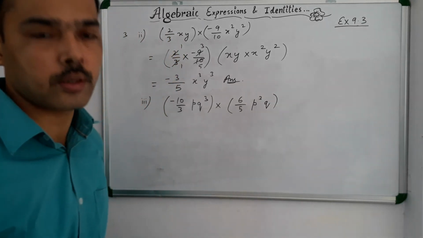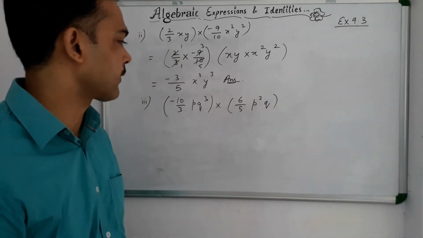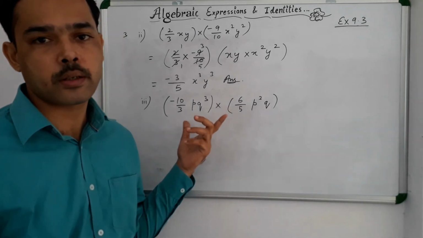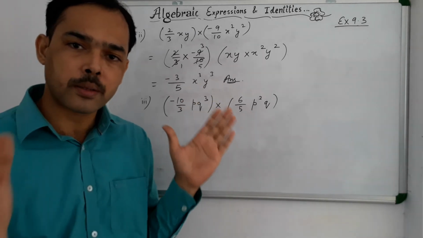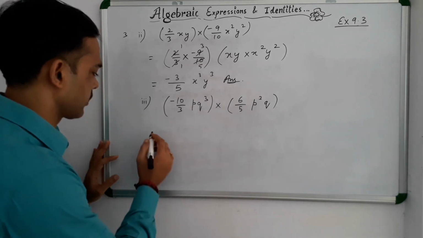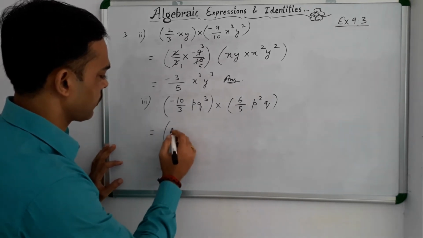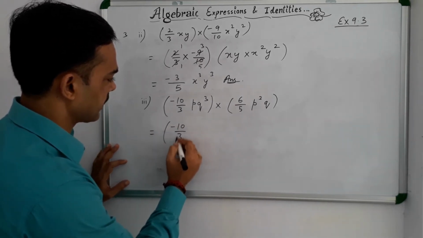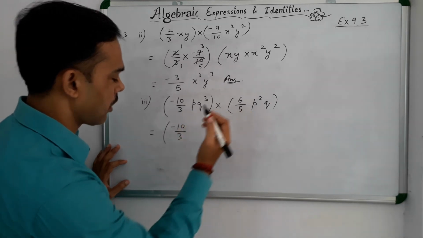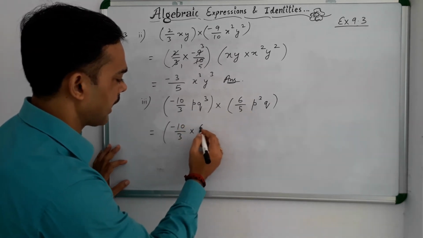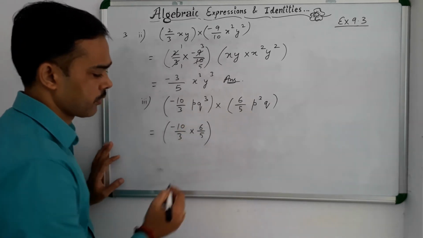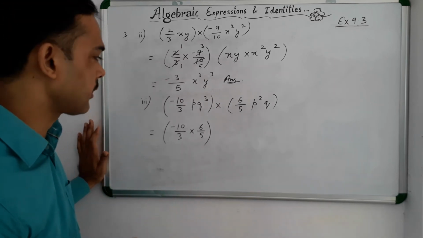Okay, this is the question. As you know, first we will be taking the constant. We will multiply the constant by constant. In one bracket I have taken 10/3 and in another bracket I have taken 6/5. So I have done with constant.